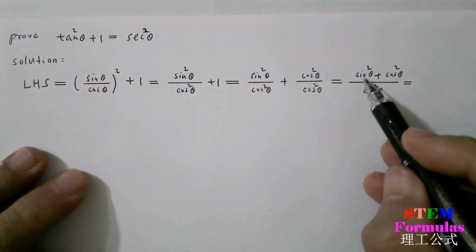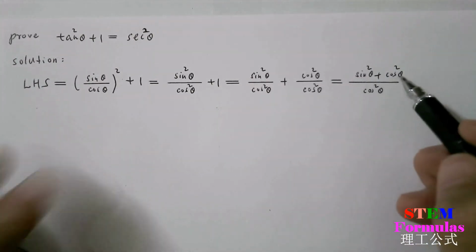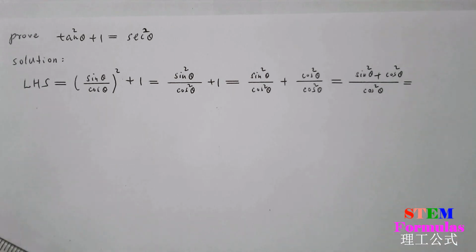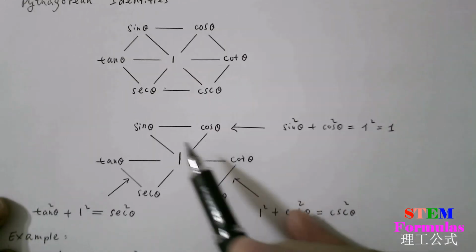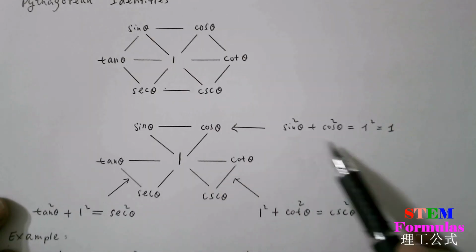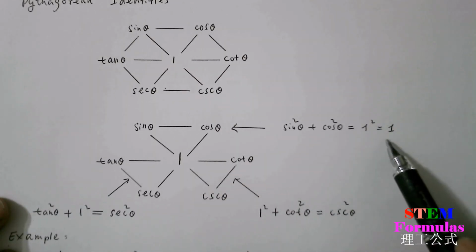And sine theta square plus cosine theta square equal 1.